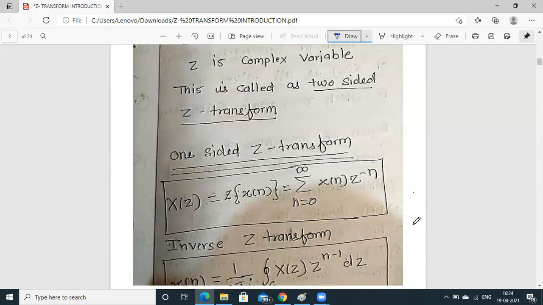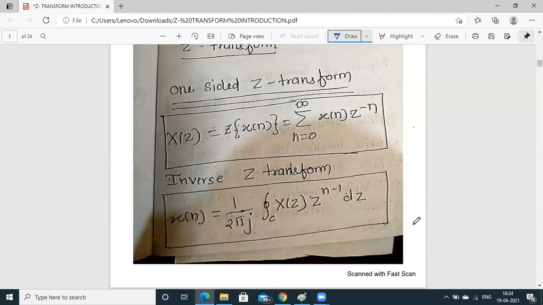We can also define the inverse Z transform: x of n equal to 1 divided by 2 pi j closed contour integral of X of z z to the power n minus 1 dz. But we generally find the inverse Z transform by using the partial fraction expansion.